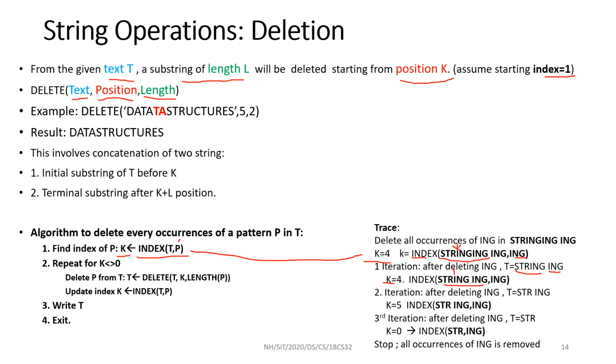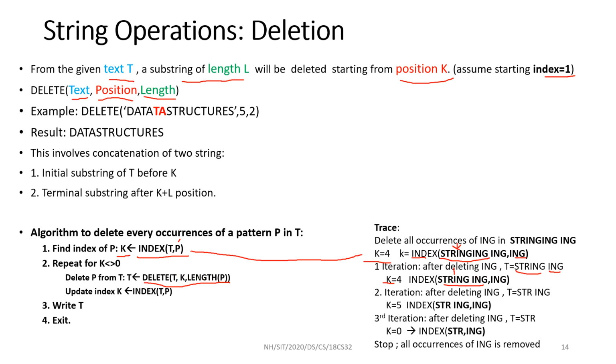K value is not 0, that means the pattern is there at position 4. Apply deletion. What to delete? In this string, from this position, these many characters you delete: k, length of P. Length of P is 3. From position 4, three characters are removed.